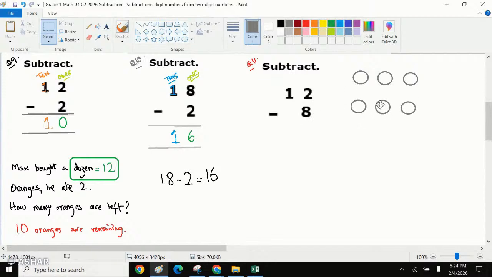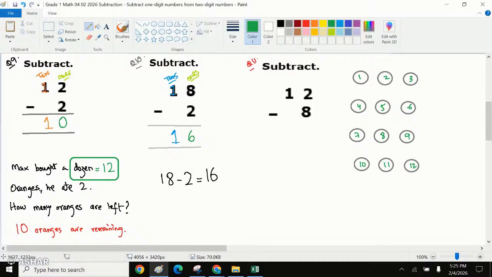First, I'll do it through the circles, then we'll do it through the workings, okay? If there were 12 circles in total, we can number them: 1, 2, 3, 4, 5, 6, 7, 8, 9, 10, 11, and 12, right?